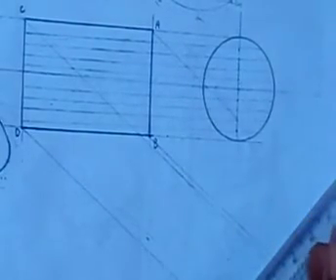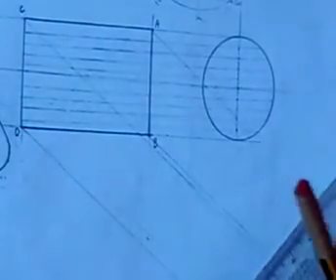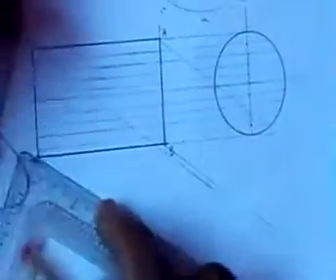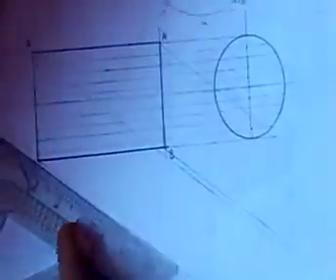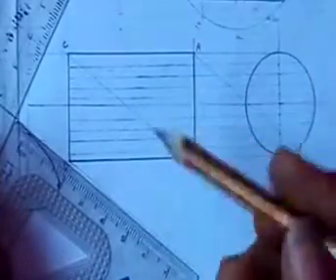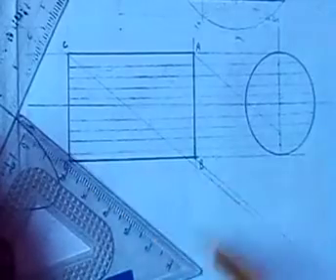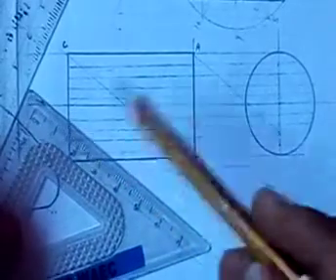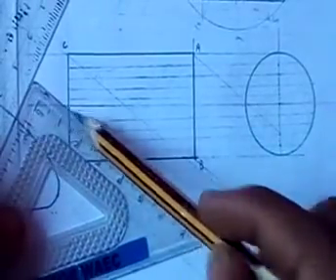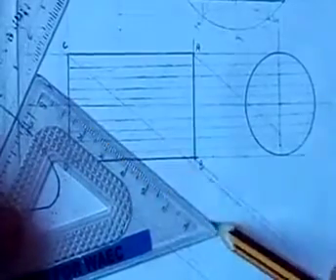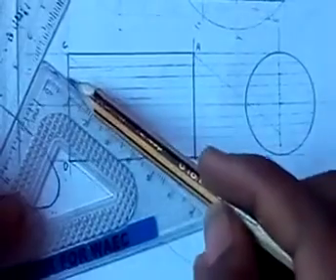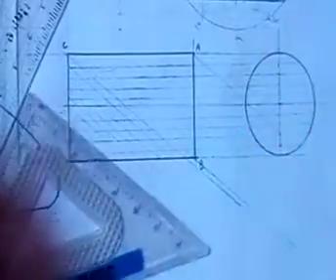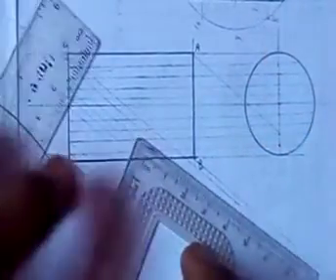Now the next step is to project lines from the points on A, B, and C parallel to the arrow. So I'll project lines parallel to the direction of the auxiliary plan. That's simple. Now this is the process of projecting the lines. I project the first, the second, the third, the fourth, the fifth from the center, and I'll keep doing this till I get to the top. I advise you make use of a long ruler for this, to minimize the number of times you have to extend these lines.